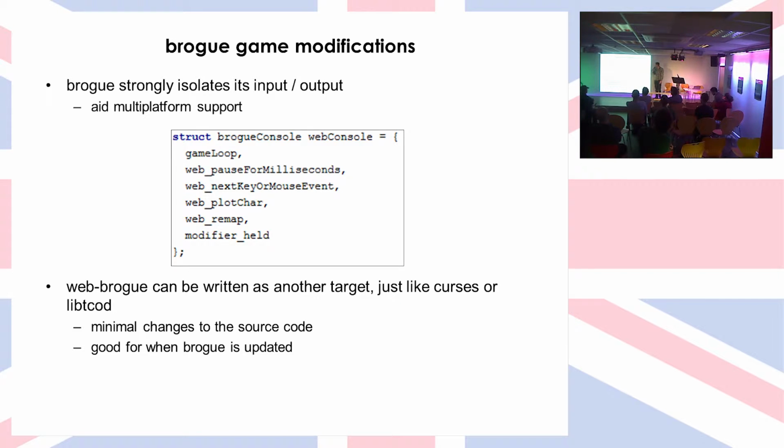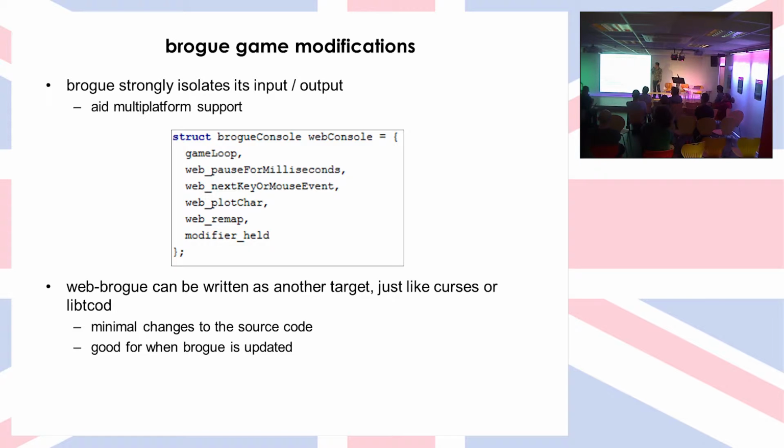So let's look at how the Brogue system works with this web server. Brogue, again, is a very well-written game, and it strongly isolates its input and output to basically a particular file. Brogue already supports curses, which is a console output library from the 80s, and libtcod, which is a handy roguelike library from about 10 years ago.